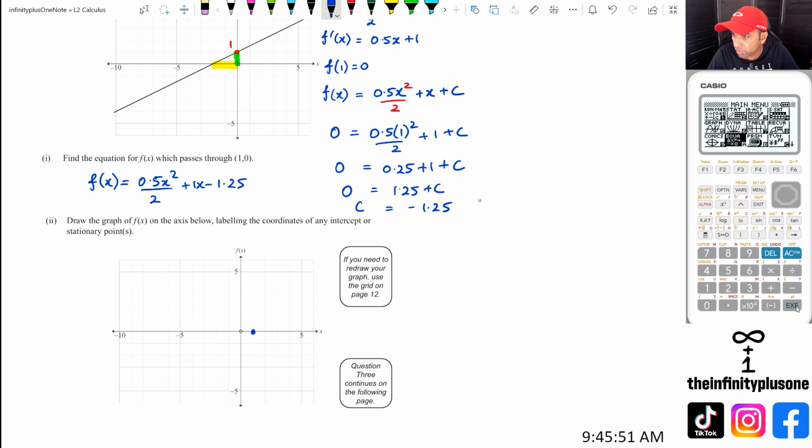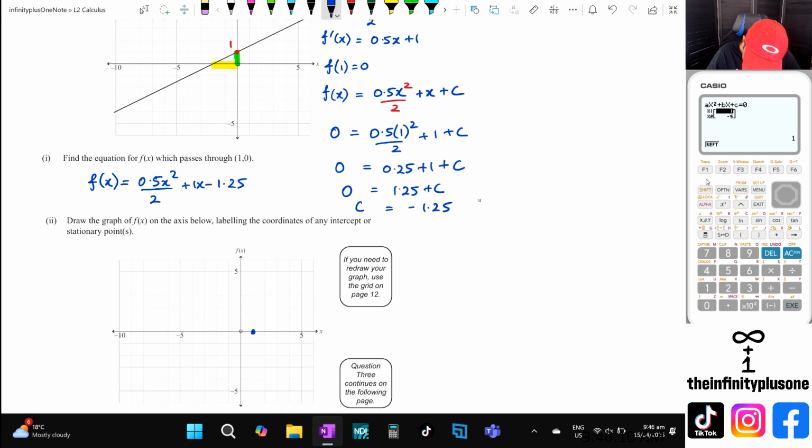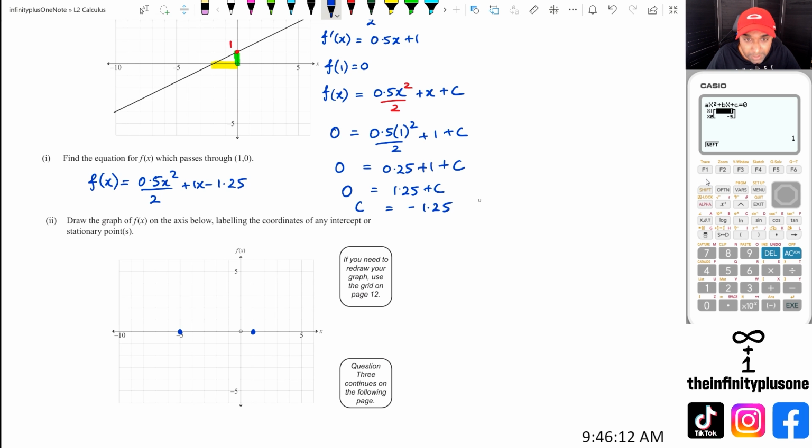I'm going to go into quadratic, polynomial, degree 2. My a value is 0.25 because 0.5 divided by 2 is 0.25. Then I've got 1 and negative 1.25. As you can see, when I do those two things, I get positive 1 and negative 5. So those are my roots.